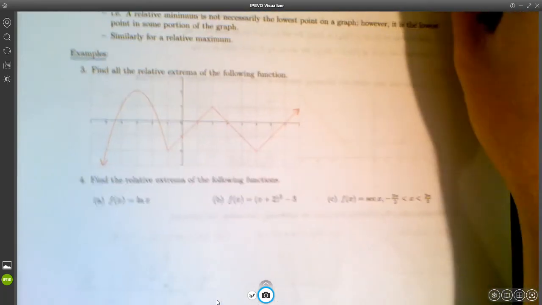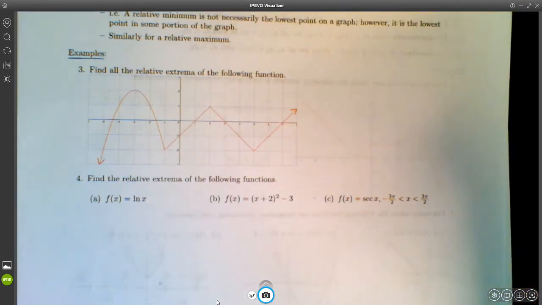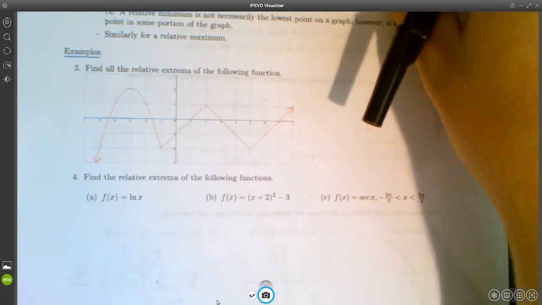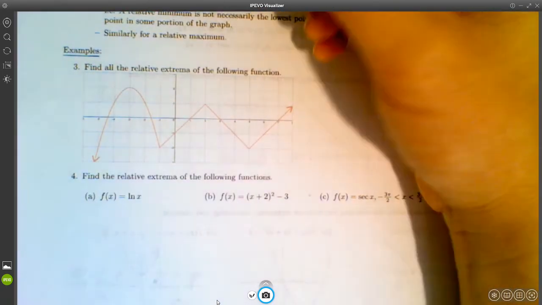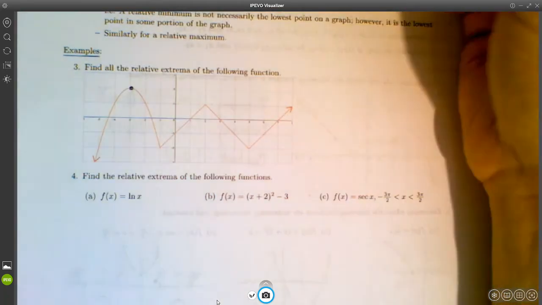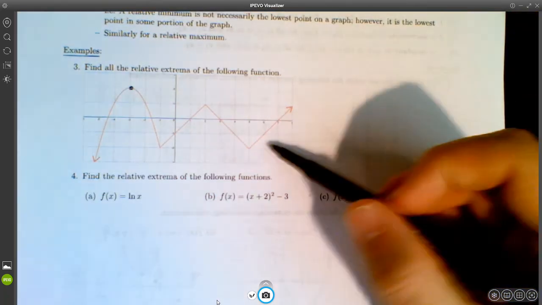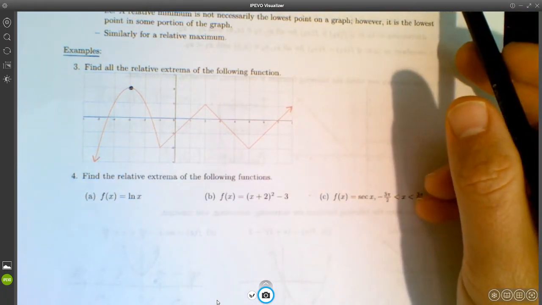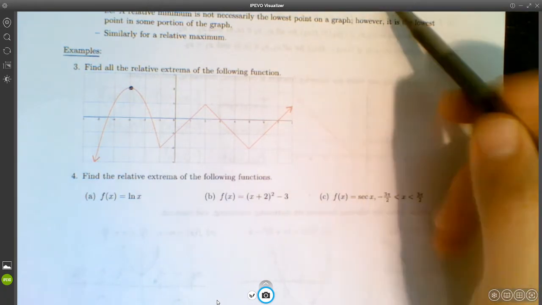So for this first example here, let's find all of the relative extrema of this function. Well, here I'm going to have a relative maximum. It's not the absolute maximum, right? Because from this point on, this line is just going to continue on and on forever. So this function doesn't have an absolute maximum, okay?